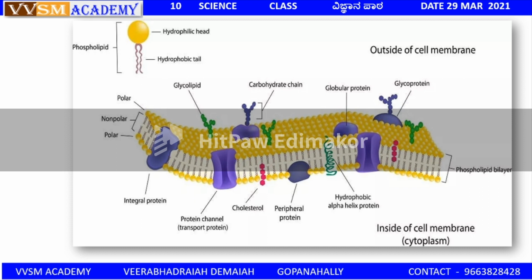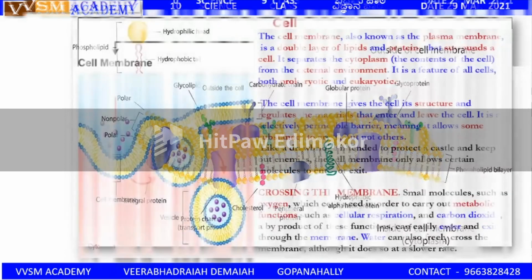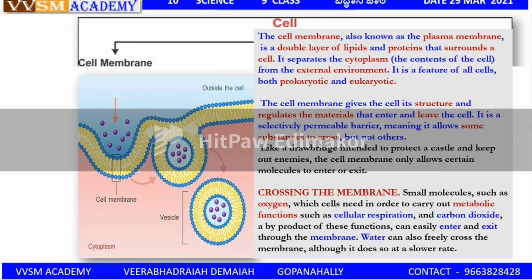If you observe the structure carefully, you can understand how the cell membrane functions. The cell membrane, also known as the plasma membrane, is a double layer of lipids and proteins that surrounds a cell. It separates the contents of the cell from the external environment.